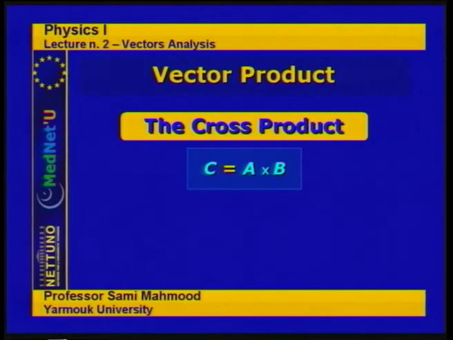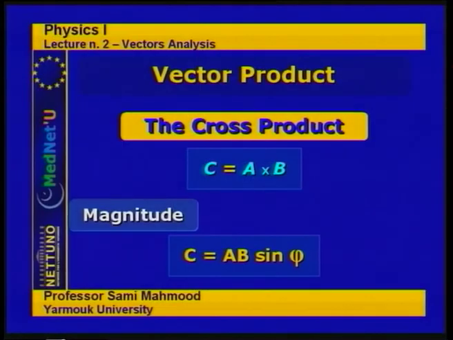The magnitude of this cross product is C equals the magnitude of A times the magnitude of B times sine of the angle phi between the two vectors. Thus, we can calculate the magnitude of the cross product of two vectors if we know the two vectors and the angle between them.